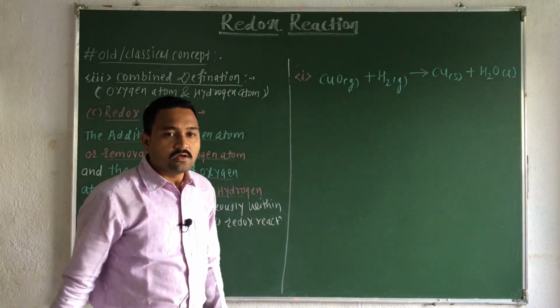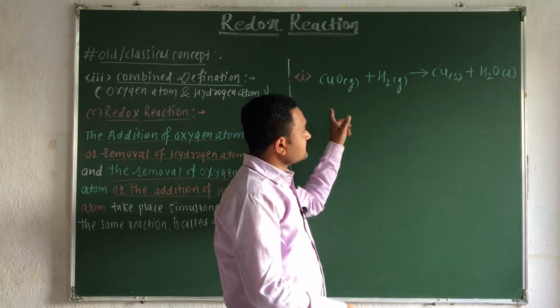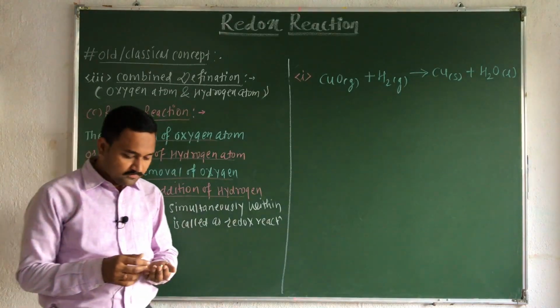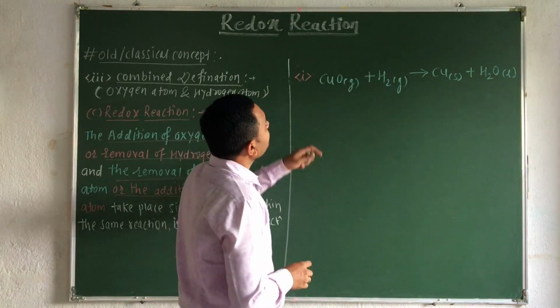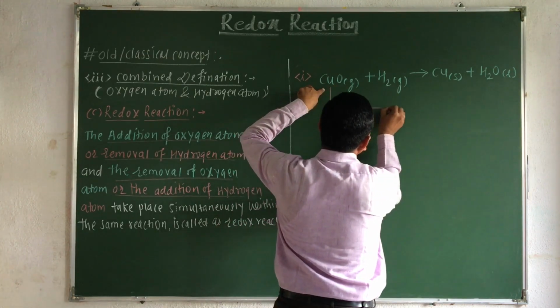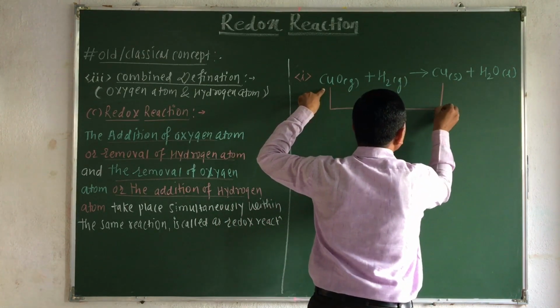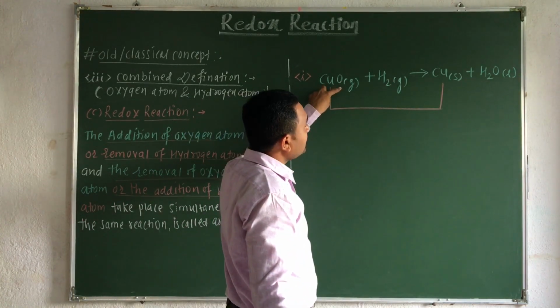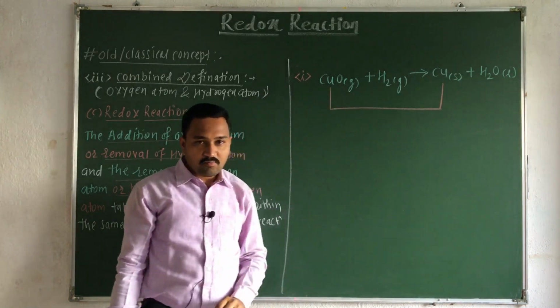In this example, let us find out whether this is a redox reaction or not. From this copper oxide there is a formation of solid copper. During this process the oxygen atom is removed from the copper oxide.